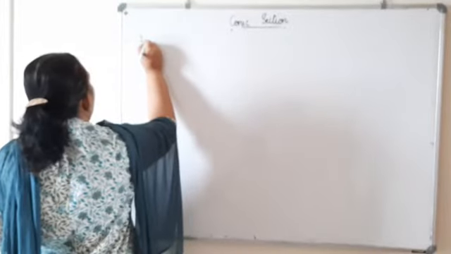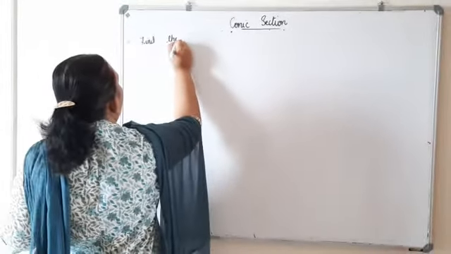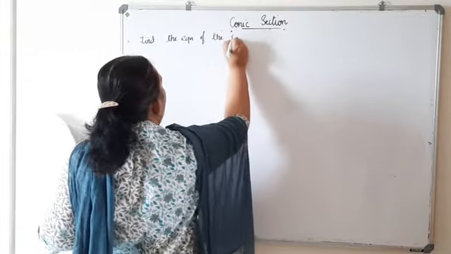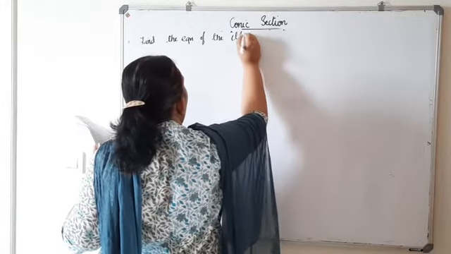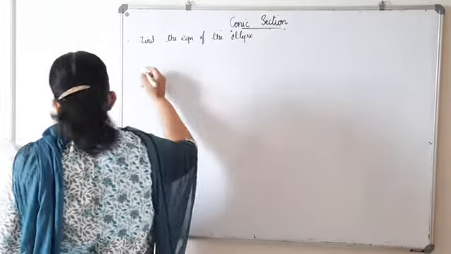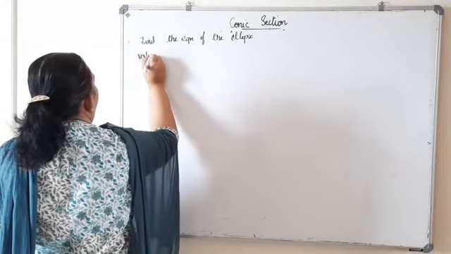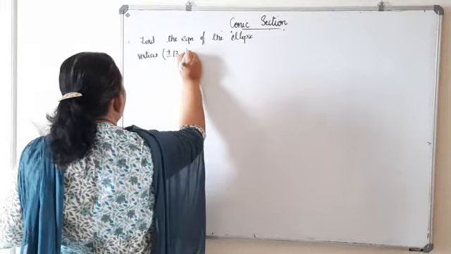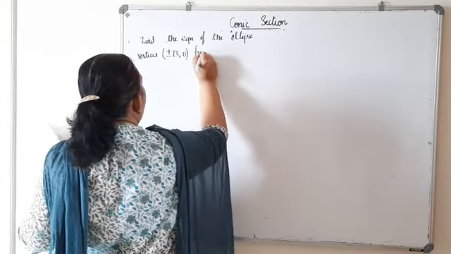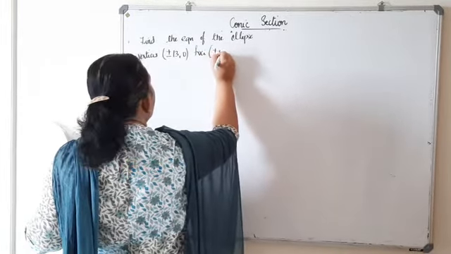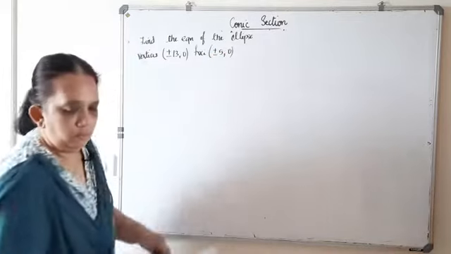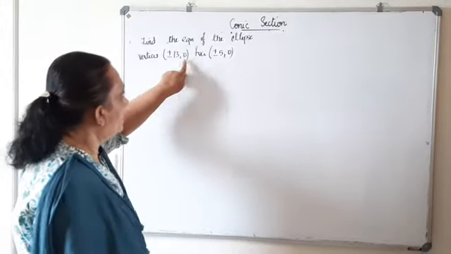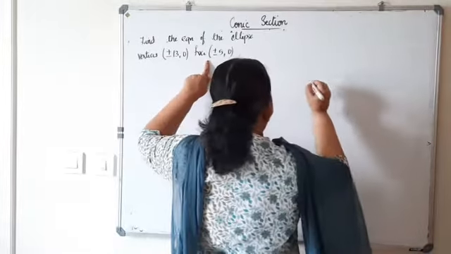Find the equation of the ellipse with vertices plus or minus 13, 0, foci plus or minus 5, 0. So from this you can understand the vertices are on the x-axis and the foci are also on the x-axis.